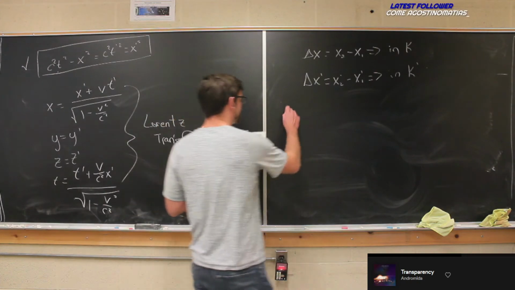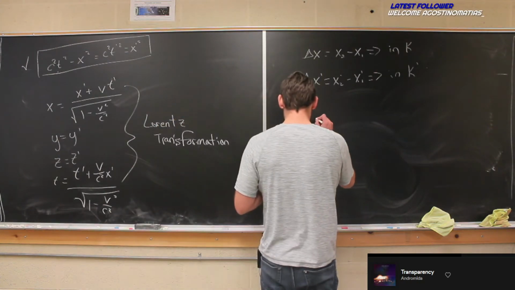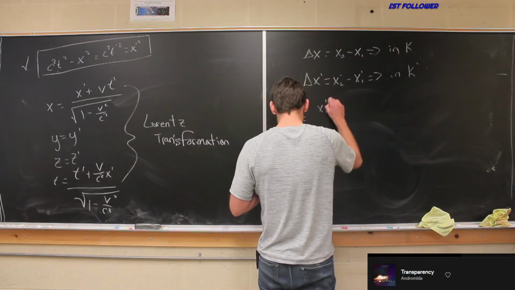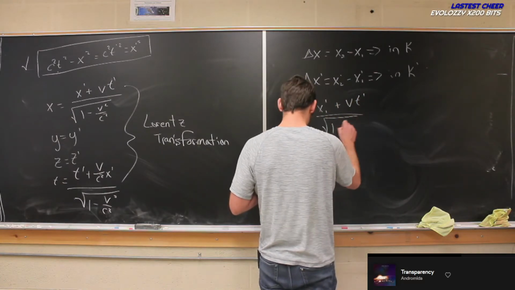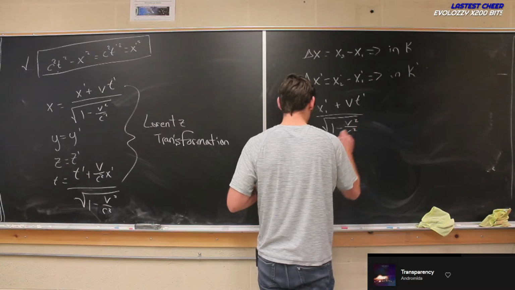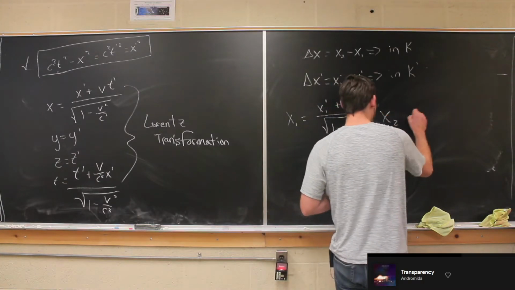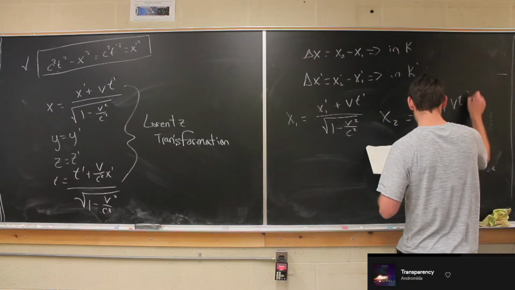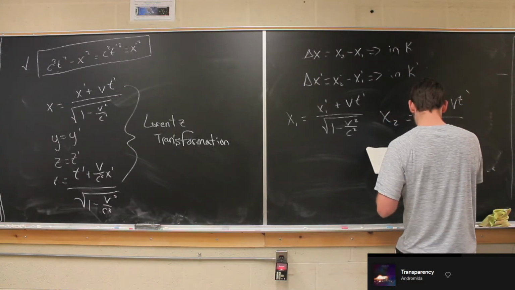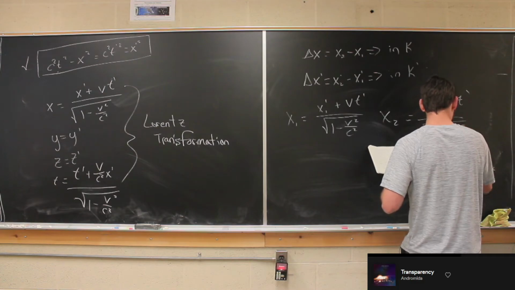So if we have our x1 reference, x1 is equal to x1 prime plus v t prime divided by the square root of 1 minus v squared over c squared. Our x2 is going to be x2 prime plus v t prime divided by the square root of 1 minus v squared over c squared.